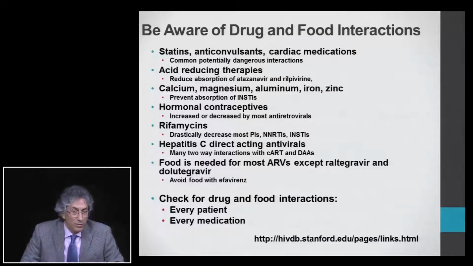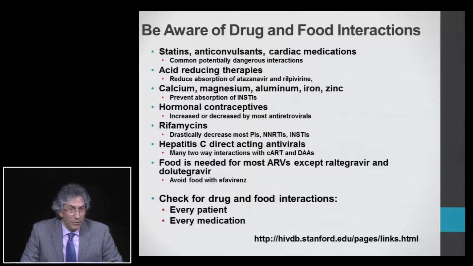Calcium, magnesium, aluminum, iron, zinc taken at the same time might prevent the absorption of the integrase strand transfer inhibitors, and they must be taken at separate times. Hormonal contraceptives are not good combinations with almost any antiretroviral therapy. Really, among the 6 top choices, only Triumeq is a good choice.